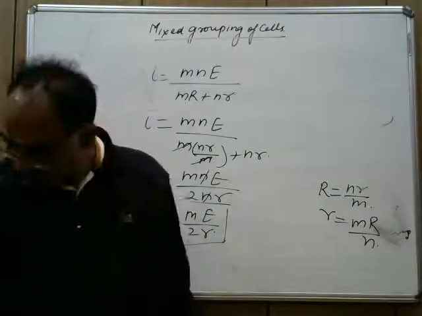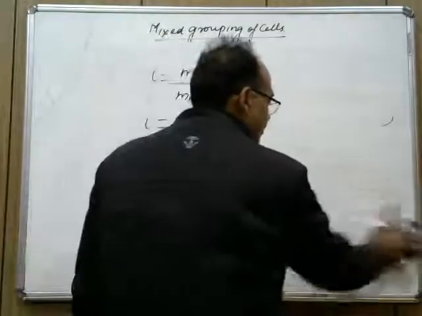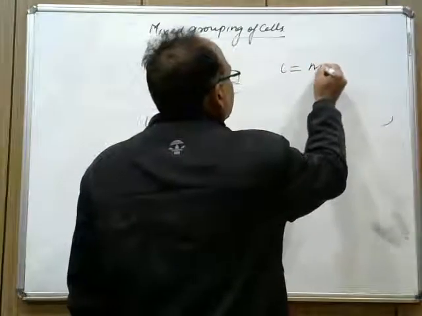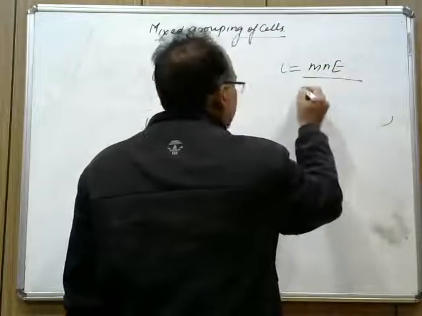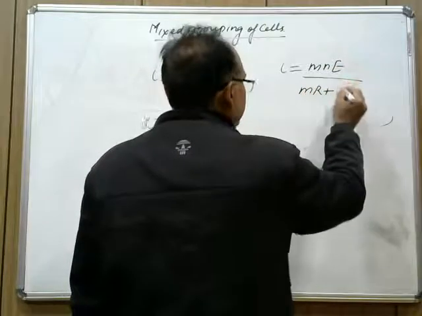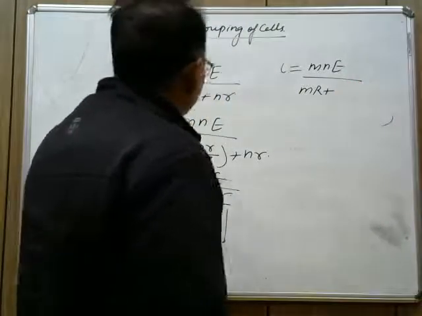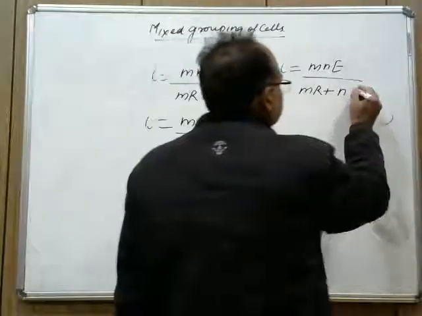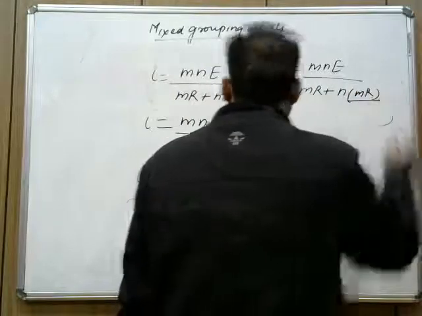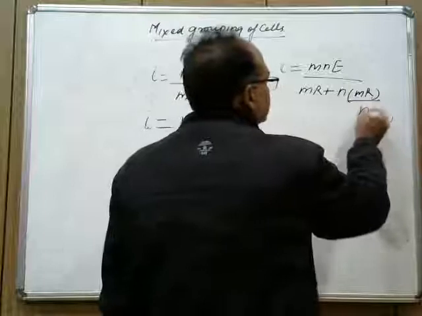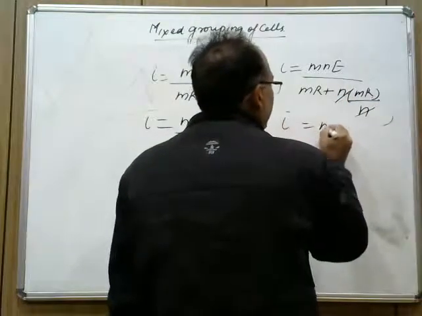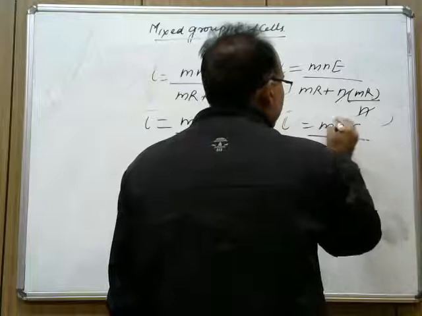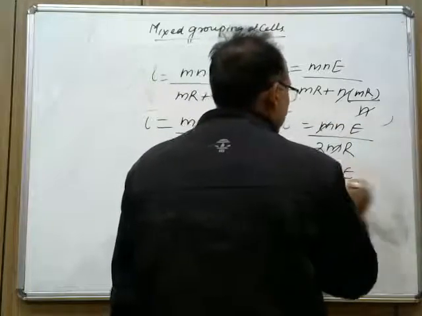Now we can get the same expression of the maximum current in terms of external resistance R, that is I is equal to mne upon mr plus, now we can put the value of small r, that is mr upon n. n cancels out, this becomes mne upon 2mr, m cancels out, that is I is equal to ne upon 2r.